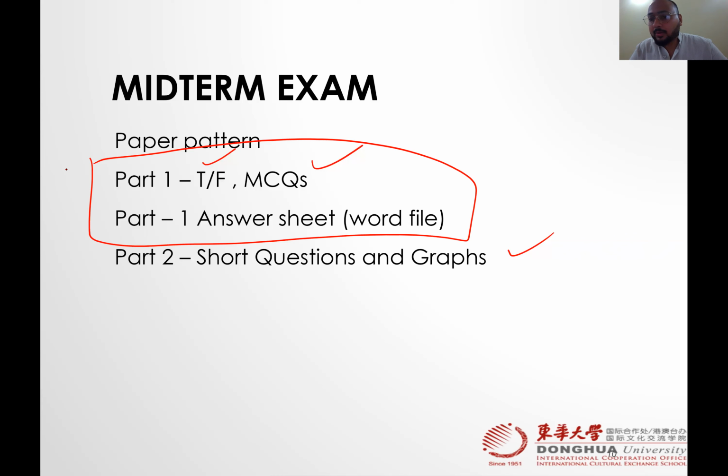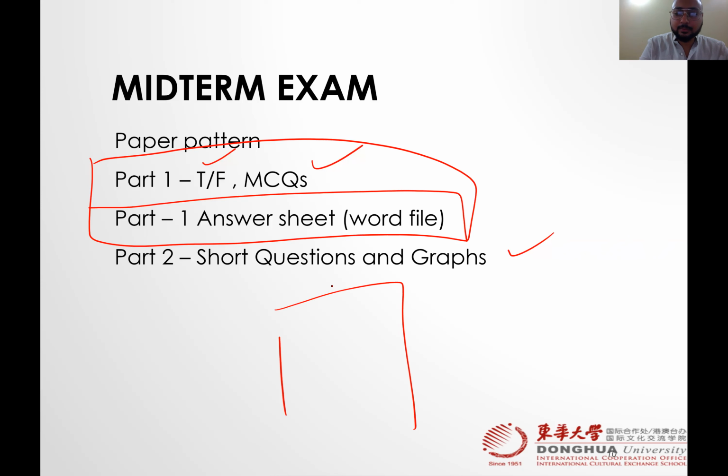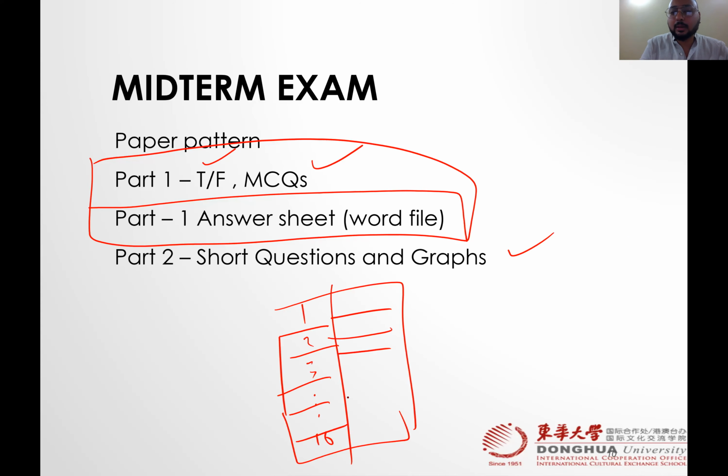Now how are you going to answer it? You are going to answer it in a Word file. I'm going to give you a Word file with a column, numbered 1, 2, 3, 4. For example, part 1 true, false. For example, I have 10 true, false questions like this, 1, 2, 3, up to 10, and there's going to be a space here.